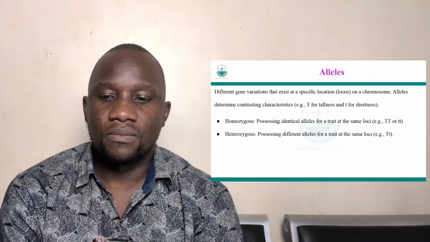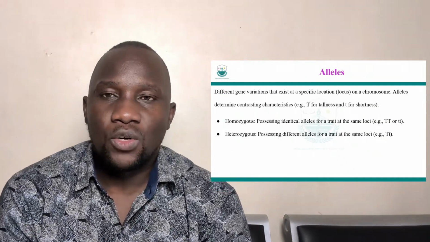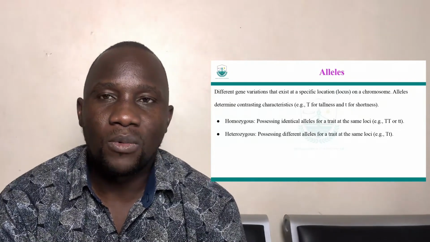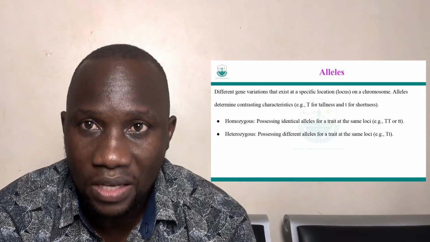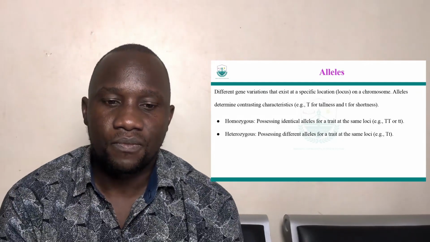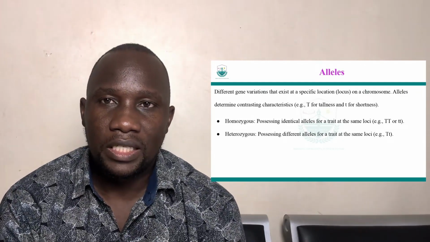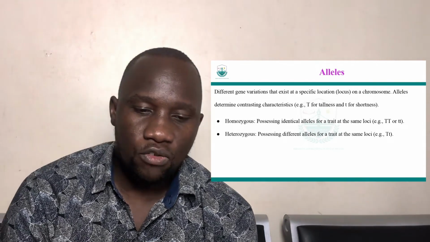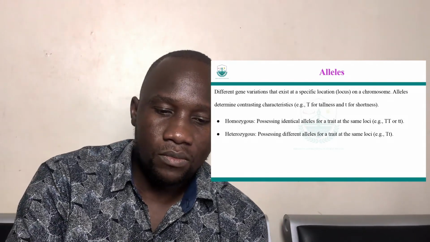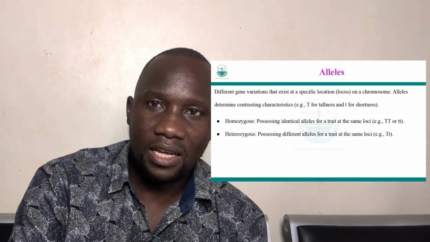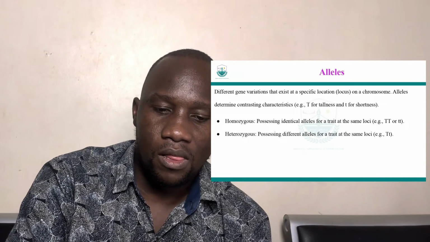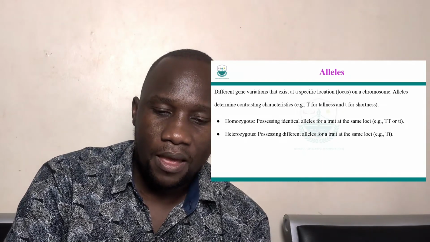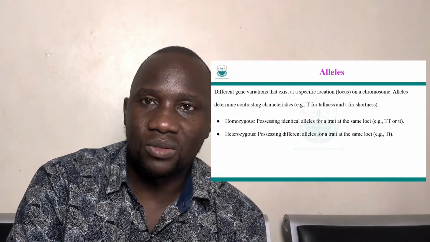So the alleles can be what we can term as homozygous if they are the same, or heterozygous if they are not the same. So if you have, let's use eye color, brown on one chromosome and brown on the other chromosome.